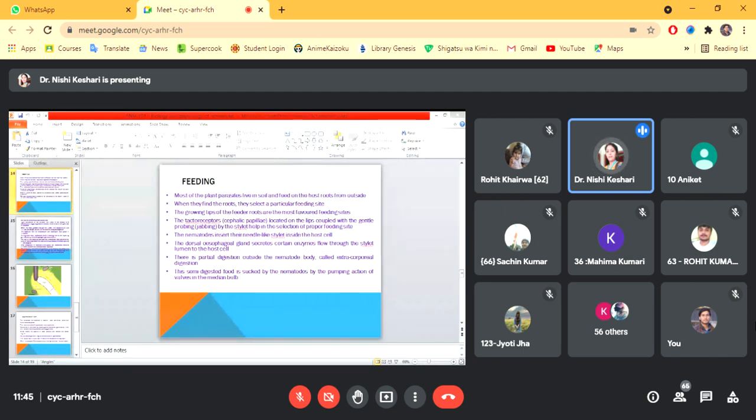When the food passes through the lumen, the secretion of the subventral glands gets mixed with the food for complete digestion. So this is another process. When the semi-digested food comes inside, the subventral glands secrete into the lumen, so both are mixed to completely digest the food, and then it passes through the esophagus to the intestine.